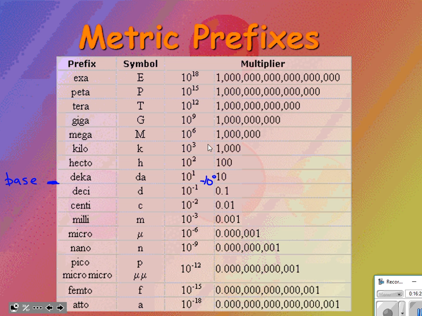So how many would I jump the decimal to get from centi to micro? Well, centi is 2, right? What's micro? 6. So how many jumps from 2 to 6? 4 jumps. What way are you going to jump it? To the right. So that's how you read the chart.